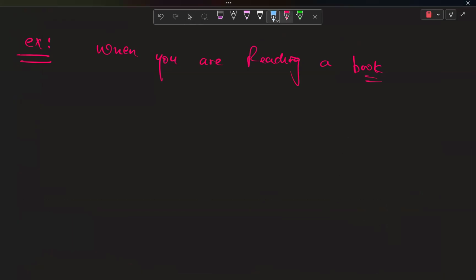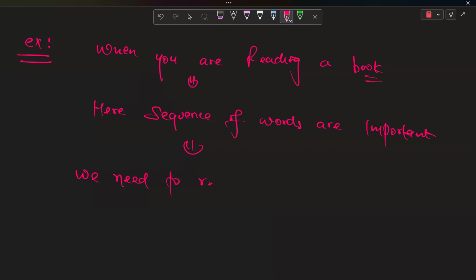So when you are reading a book, the sequence of words is important. Next, we need to remember what we have learned previously.